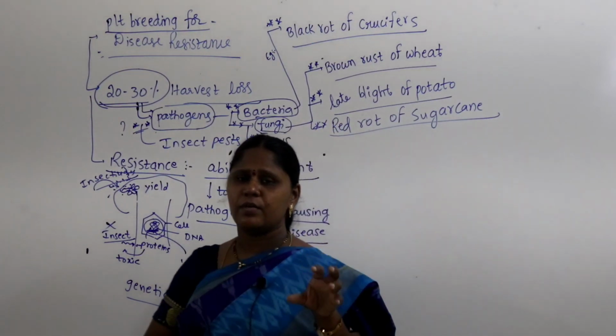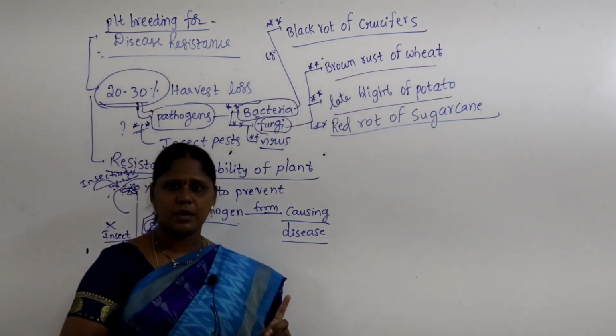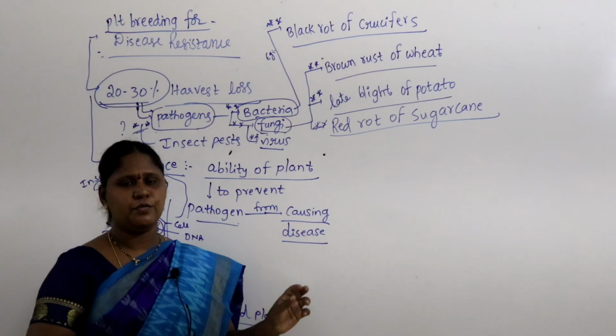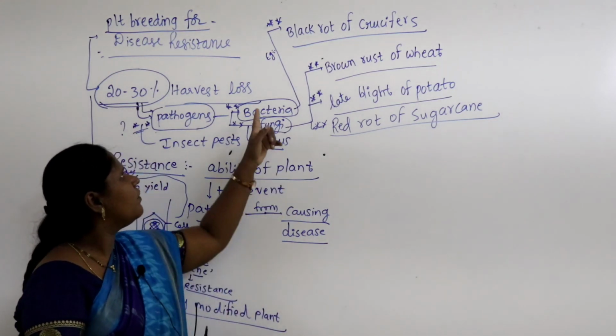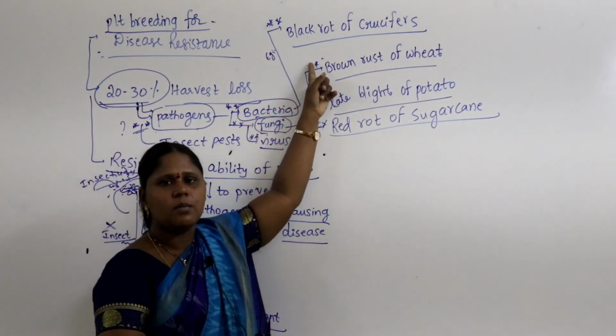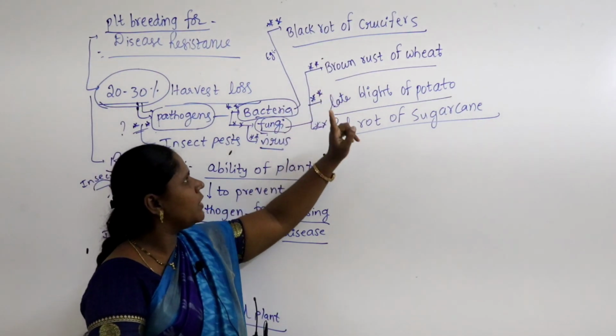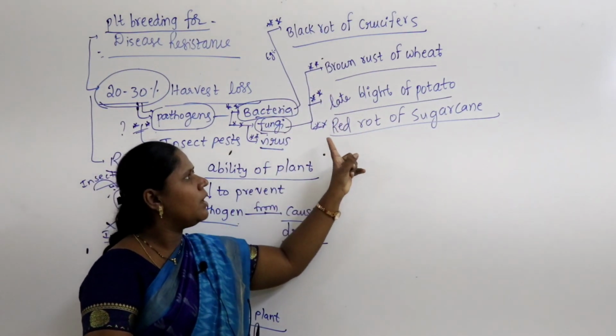Wherever we keep star marks, again I repeat, these points are very important for the final exam. A few examples you have to remember. For bacteria, what is the disease? Black rot of cruciferous. For fungi, you have to remember brown rust of wheat, late blight of potato, red rot of sugar cane.